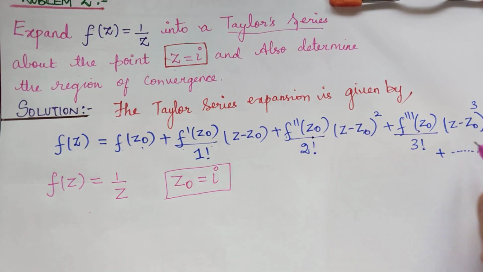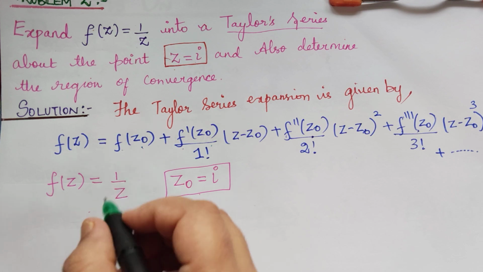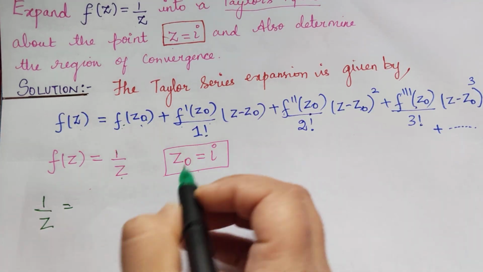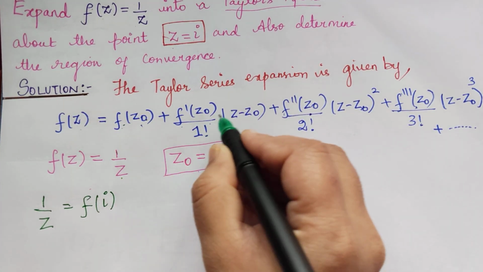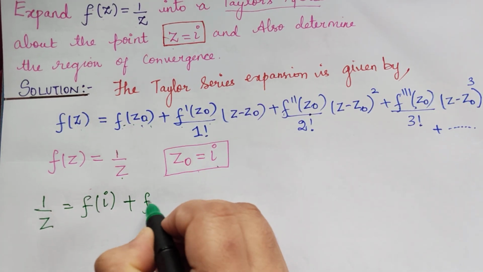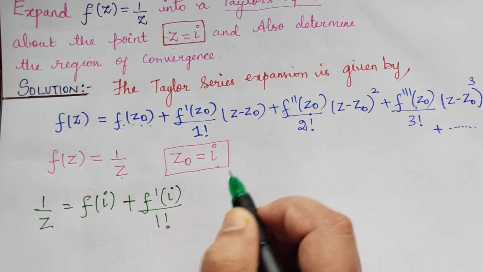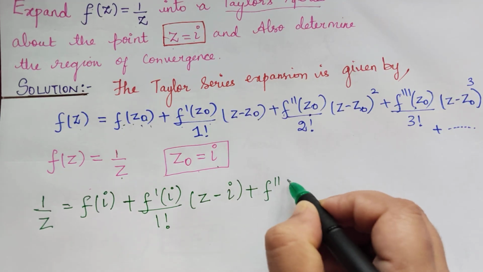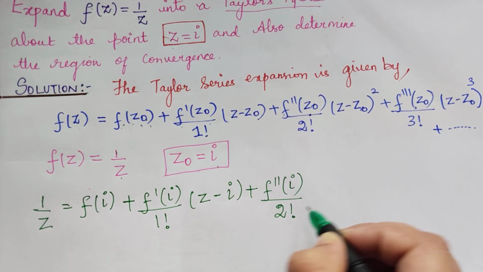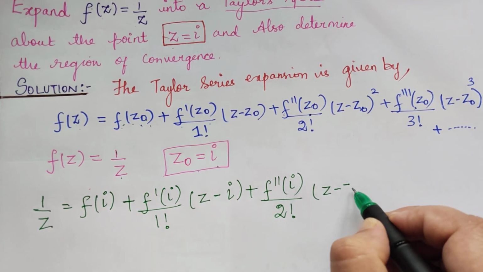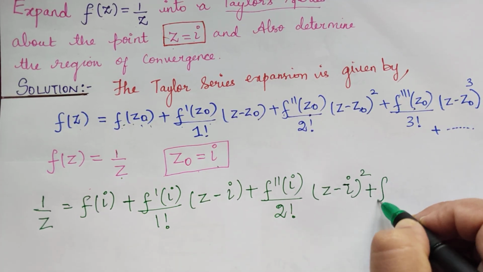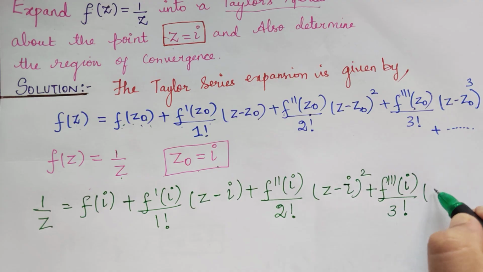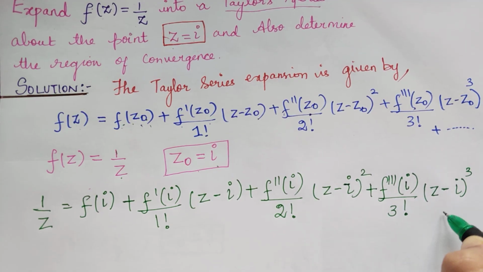Having this, first we shall substitute in this equation. When we make the substitution, f of z as 1 by z, we get 1 by z is equal to f of z naught, so f of i, plus f dash of i divided by 1 factorial multiplied with z minus z naught, which is i, plus f double dash of i divided by 2 factorial multiplied with z minus i the whole square, plus f triple dash of i divided by 3 factorial multiplied with z minus i the whole cube, plus etcetera.